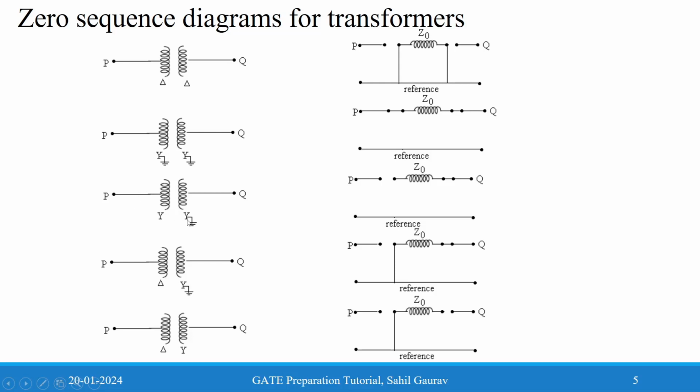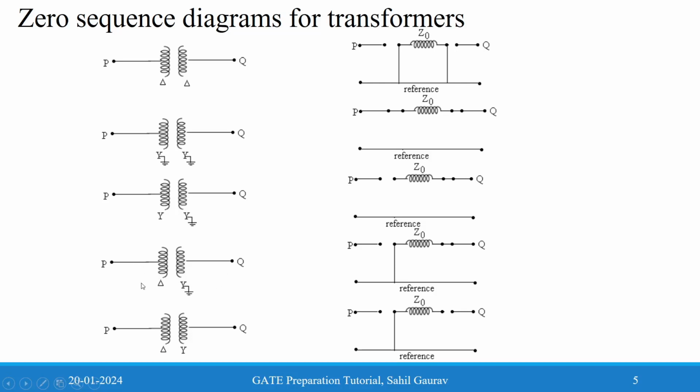The third connection is where the primary is a star and the secondary is star grounded. Here is the figure. The shunt is kept open and the series is also kept open on the primary side, and in the secondary side the series will be closed.